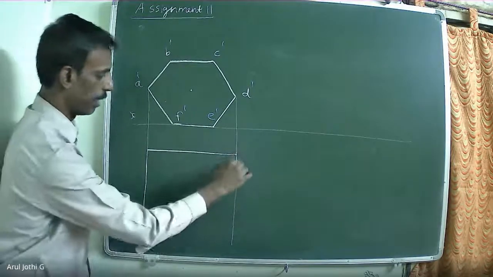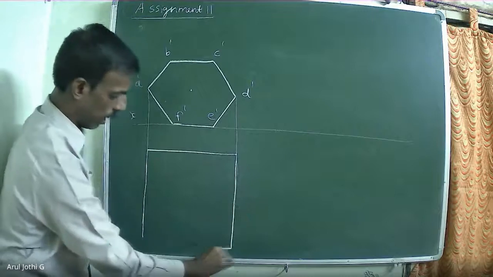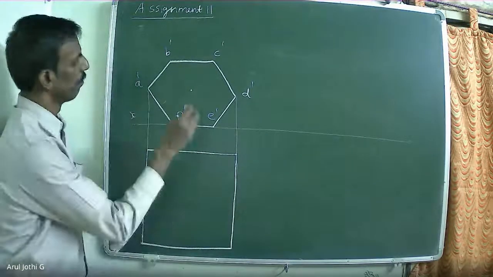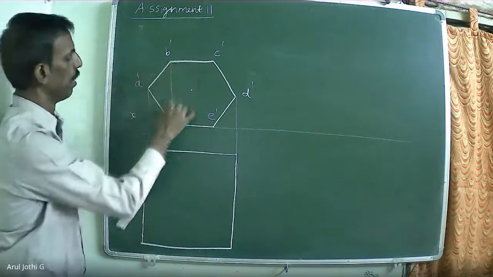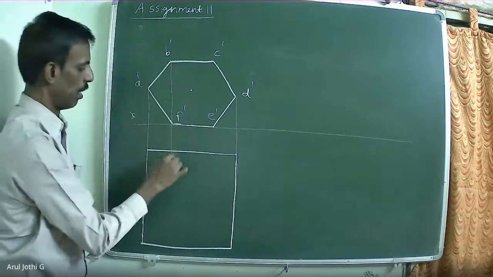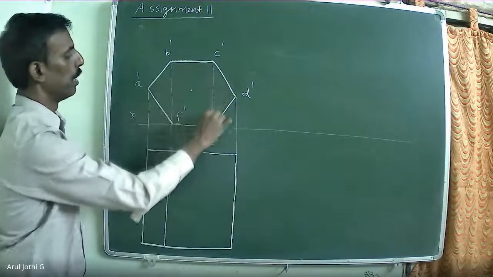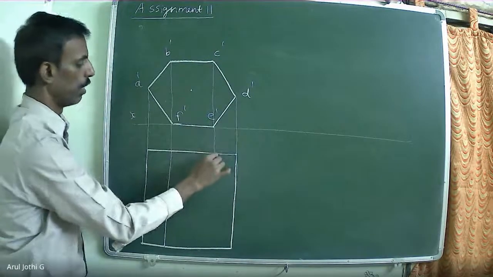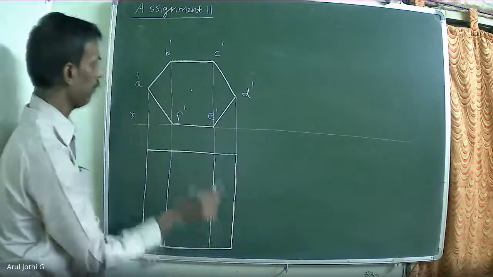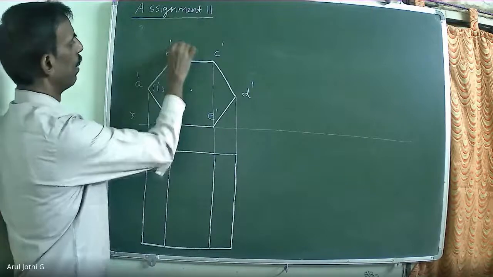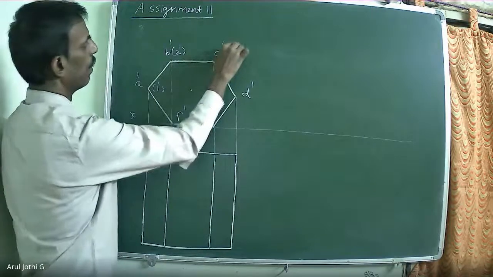For the given axis side, draw the lateral edge in the top view. Join the longer edges. So C and E will be coinciding. On the back side, we are having 1, 2, 3.